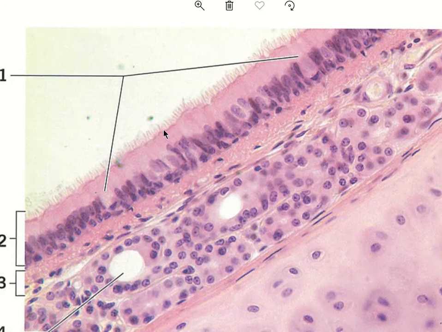And according to your textbook, the seromucosal cells are responsible for secreting a lubricating fluid, and the goblet cells of the epithelium are responsible for secreting a thick fluid that'll help trap the pathogens that the cilia will sort of move along. So here we've got our little hyaline cartilage saying hi to you.